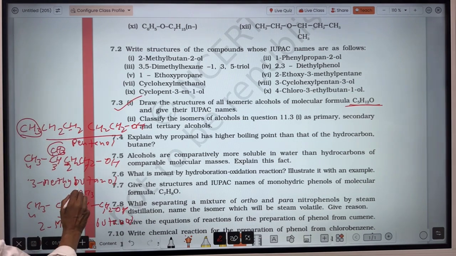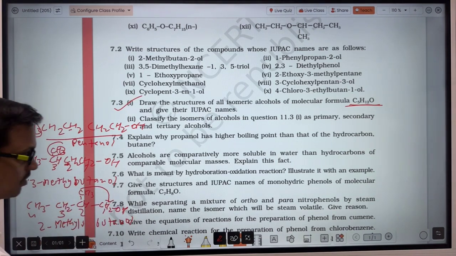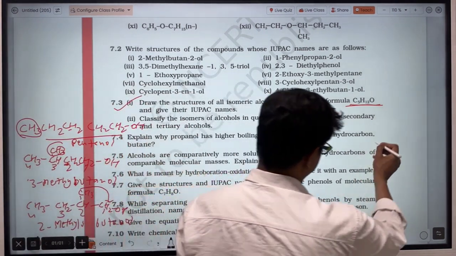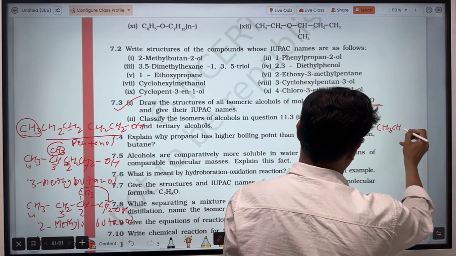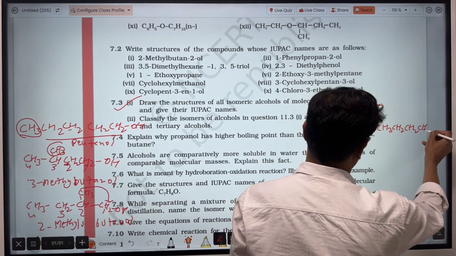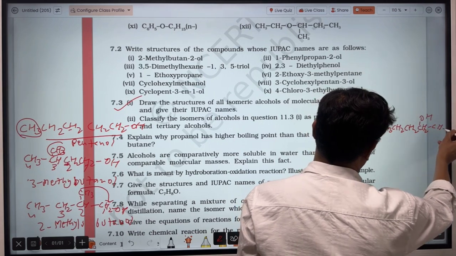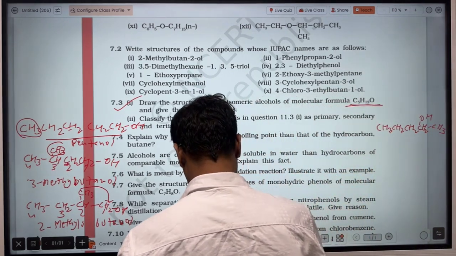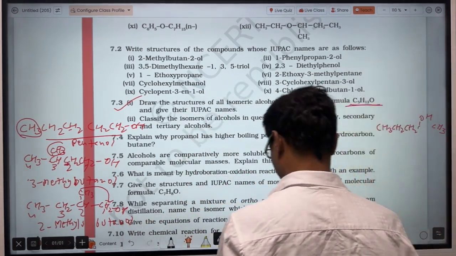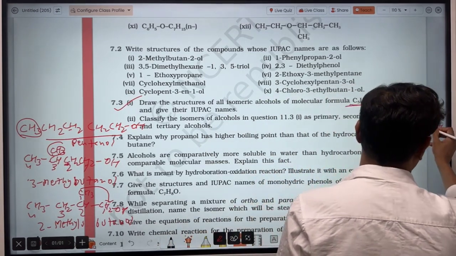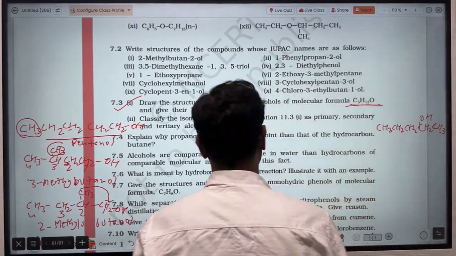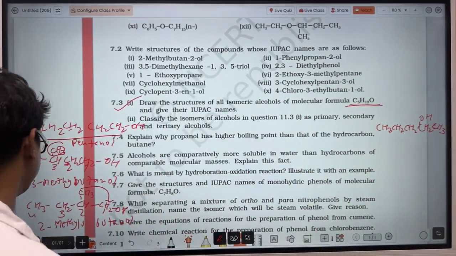Then when you shift this carbon here, that becomes a secondary alcohol. So the structure will be this. Secondary, this one is here.